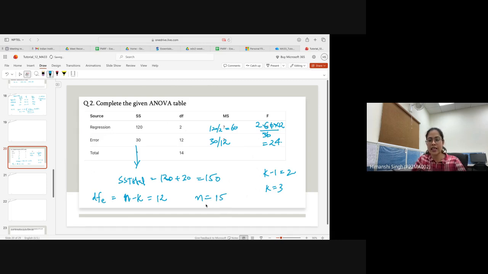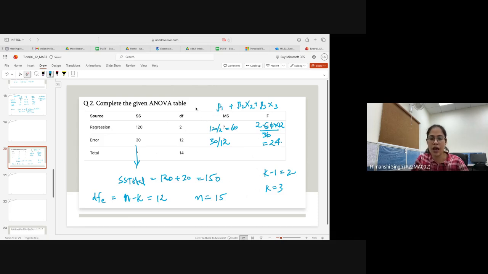So basically, it is telling us that our model has how many explanatory variables? There are two explanatory variables, x2 and x3. Beta 3 here, beta 2 here, plus beta 1 here. So this is our model.